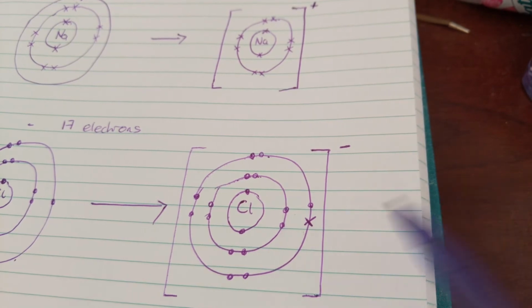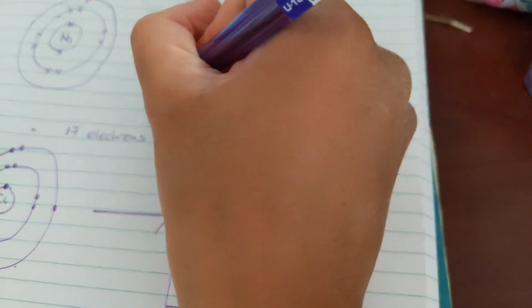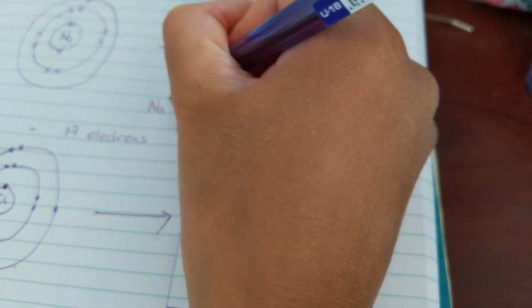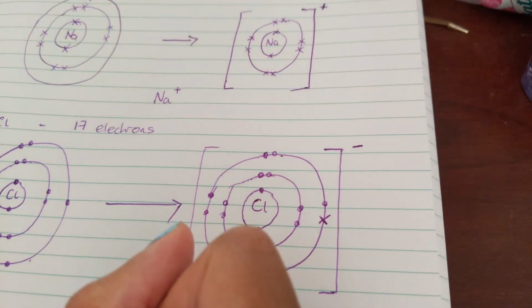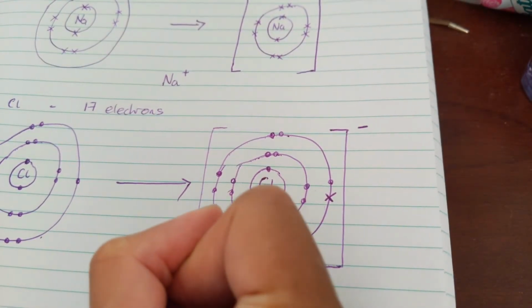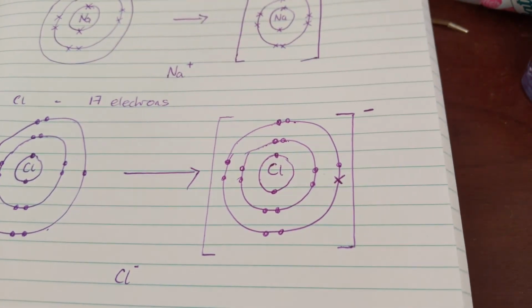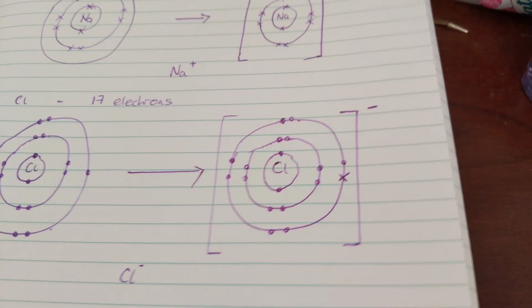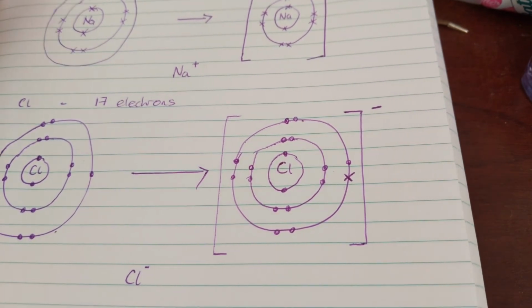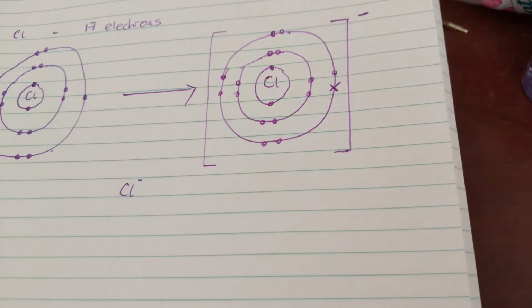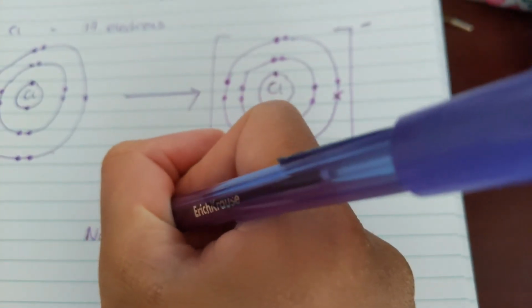So sodium will always form a positive ion, which we write as Na+, and chlorine will always form a negative ion, which we write as Cl-. Okay, and you know, or you will come to know, that sodium chloride is a very common compound that we discuss in chemistry, and its chemical symbol is NaCl.